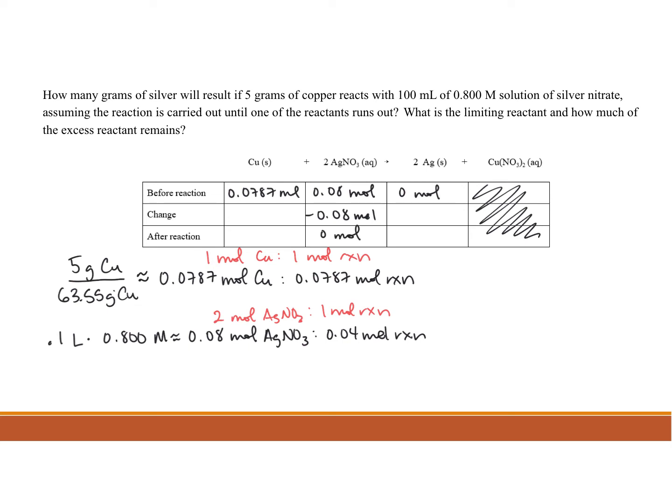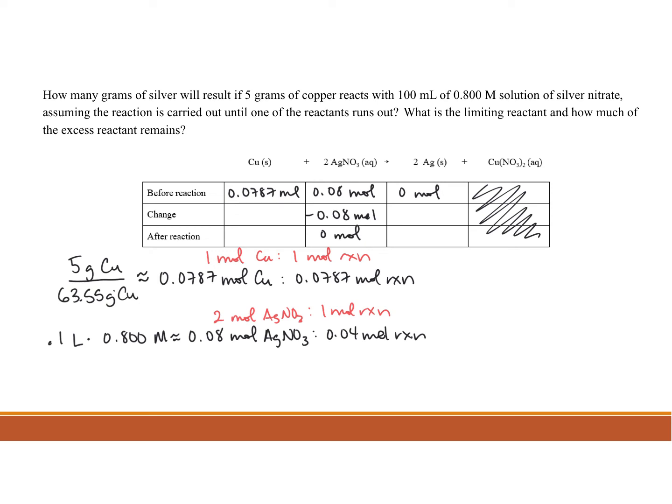Okay. So how many moles of Ag will be produced? Well, if 0.08 moles of AgNO3 went in, you can look at the ratio. For every 2 moles of AgNO3 that goes in, 2 moles of Ag goes out. So that's a 1-to-1 ratio.